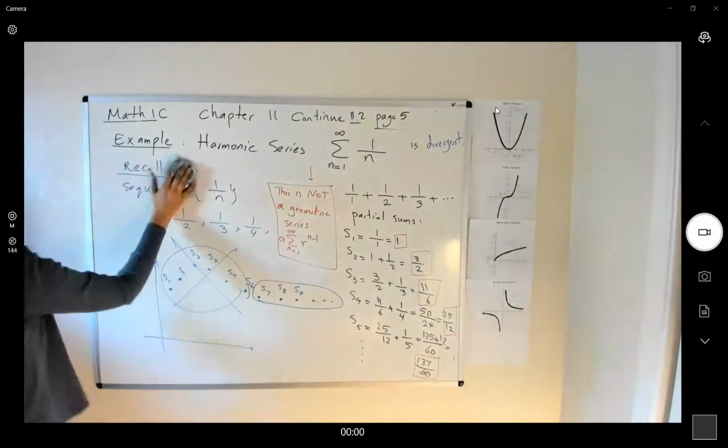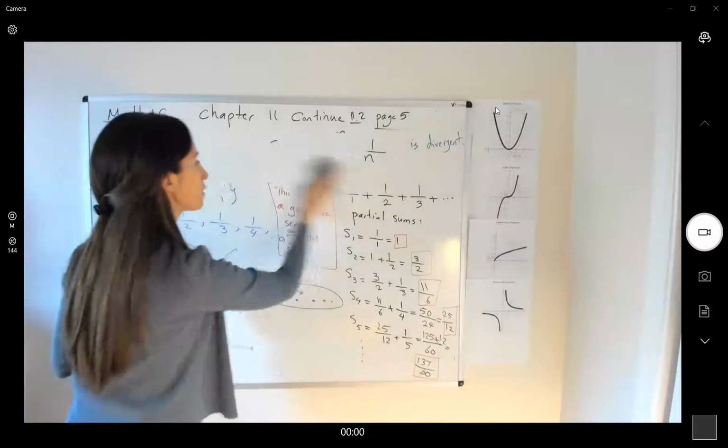We have a theorem here. We are on page 6. We have a very nice theorem.